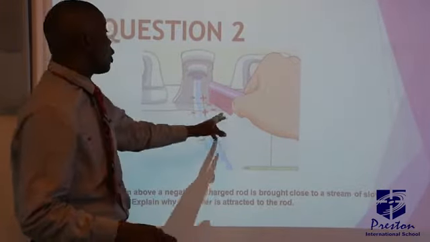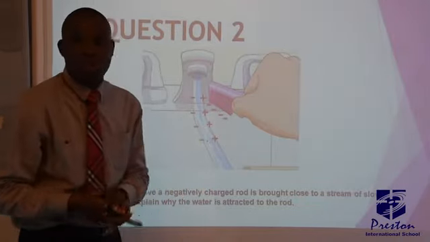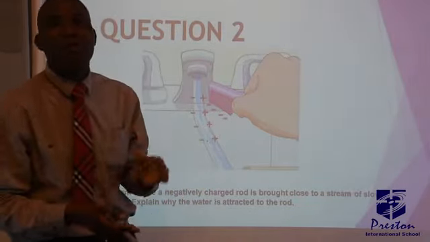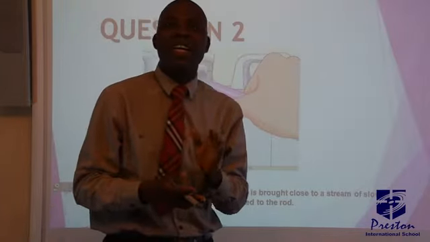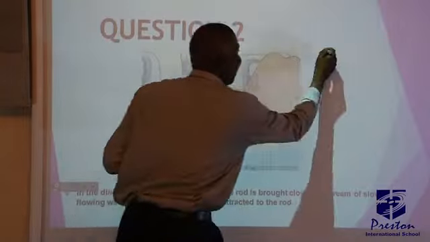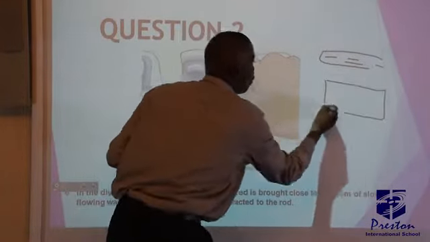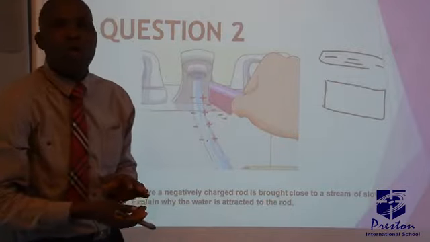Don't forget, the rod itself is negatively charged. The water is neutral. When we say neutral, it means that the number of positive charges and the number of negative charges are the same. Now, when a negatively charged body is brought close to a neutral body, what is going to happen is this.